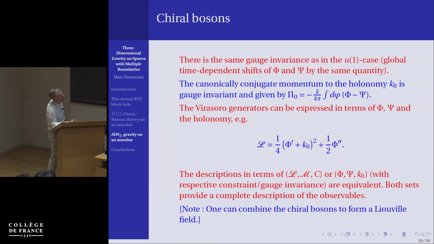What I want to emphasize, and that was the purpose of my talk, is that what we got, and that was derived in previous lectures, if we had only one boundary, would be a single set of Virasoro generators. Now we get two sets of Virasoro generators, which are subject to a constraint that mixes the two. The holonomy here should be the same as the holonomy there, but then there is this extra degree of freedom which cannot be related to one boundary. It connects the two. It's a radial Wilson line.